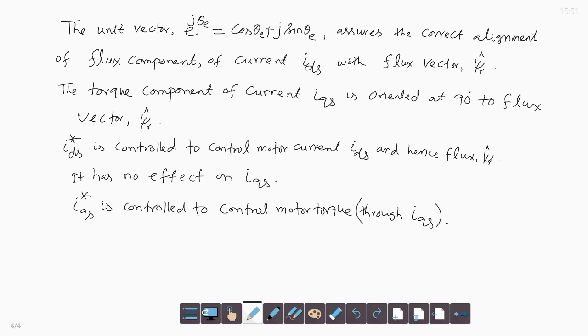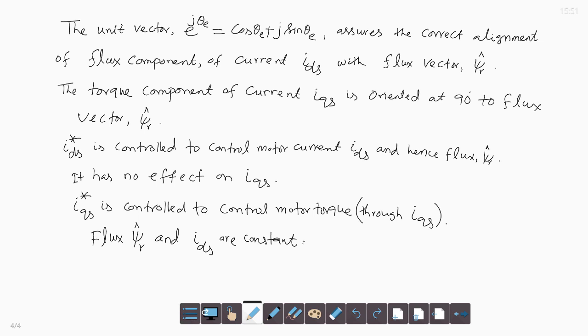During that process, flux psi r hat and IDS are constant at rated value. This is for speed control below the rated speed.